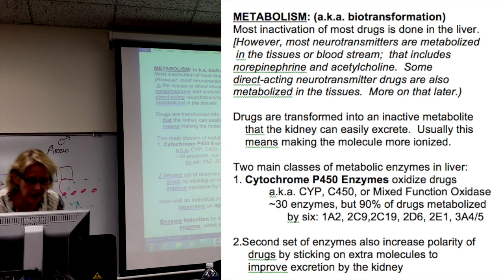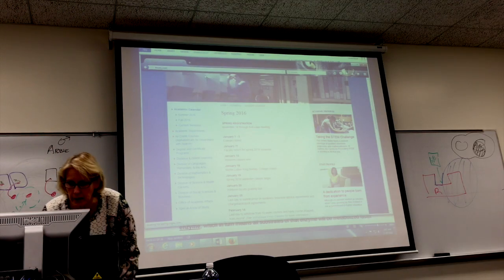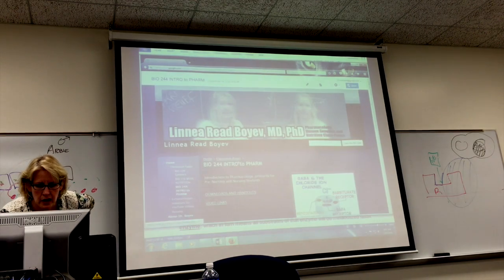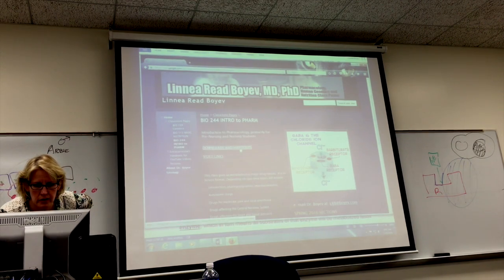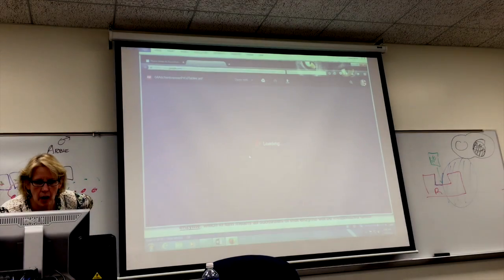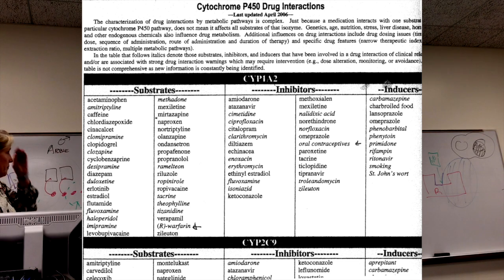All right, and you'll find on D2L and also on my website a couple of tables which have these P450 drug interactions on them. I like this one. This is the Aschenbrenner one. You can look at both of them, whatever you like, is fine.